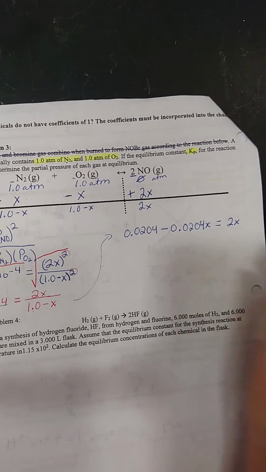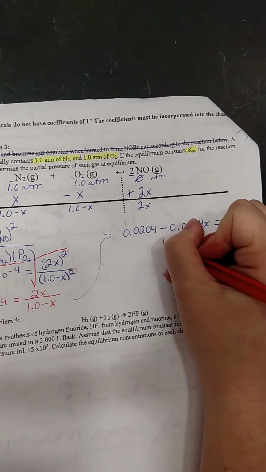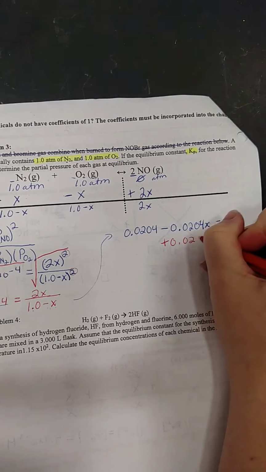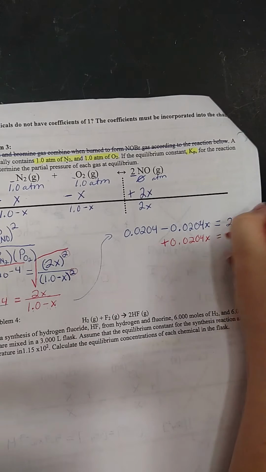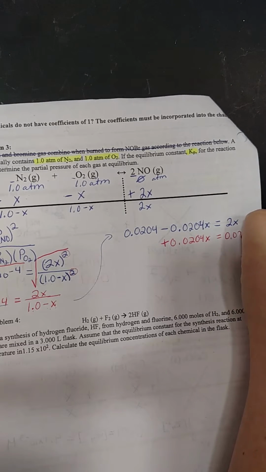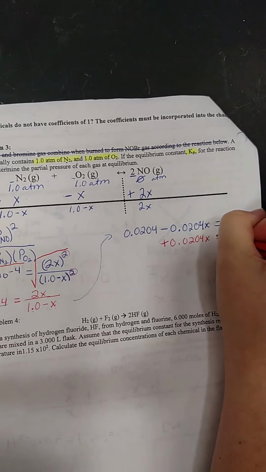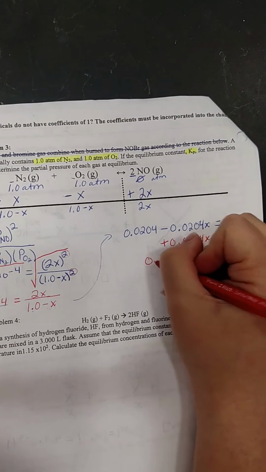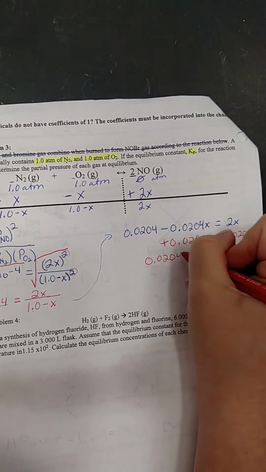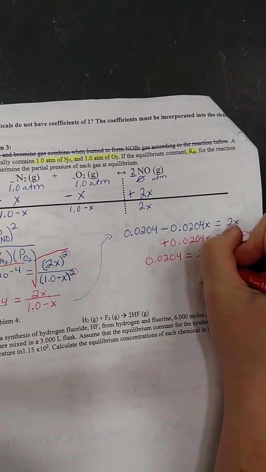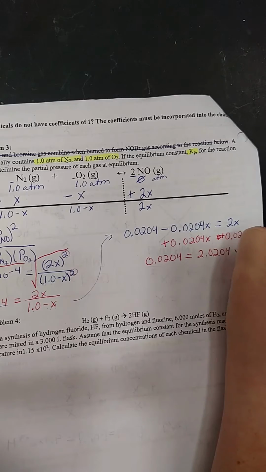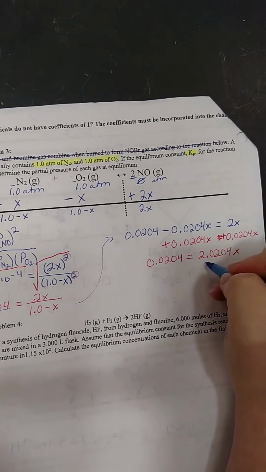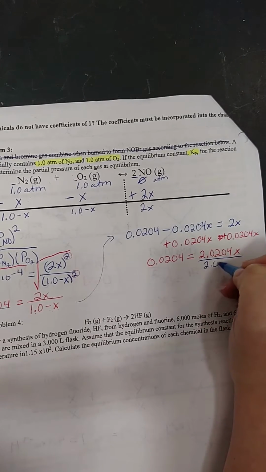Now we need to gather our like terms. I'm just going to keep switching off colors so you can track what I'm doing. We want to get our x's together, so we're going to add the 0.0204x to both sides. I meant to put a plus sign there. All right, so we have 0.0204 and 2.0204x. We want to solve for x, so we need to divide by its coefficient.